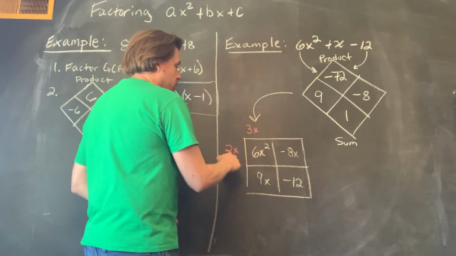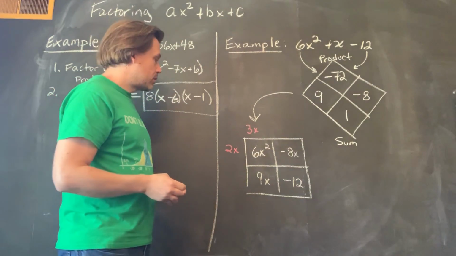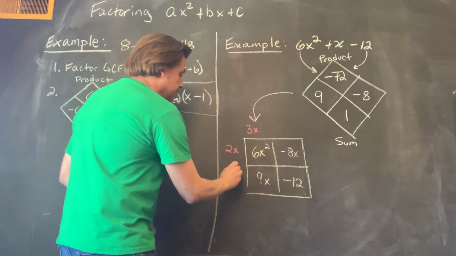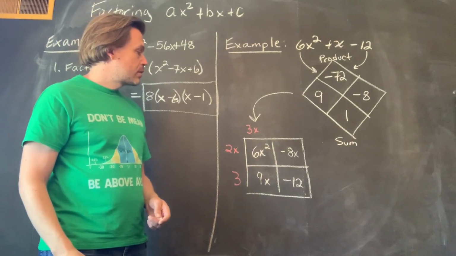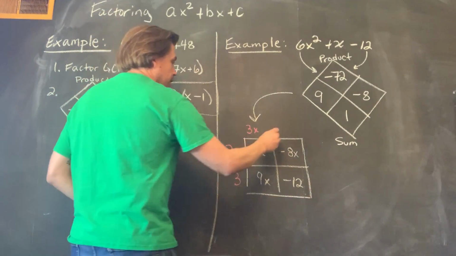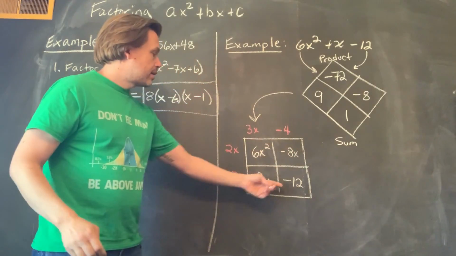And that makes sense because 2x times 3x is 6x squared. So I've got those two terms. And then I've got to ask myself, what times 3x gives me 9x? That's going to be 3. And then what times 2x gives me negative 8x? That'll be minus 4. And then we can check this negative 12.